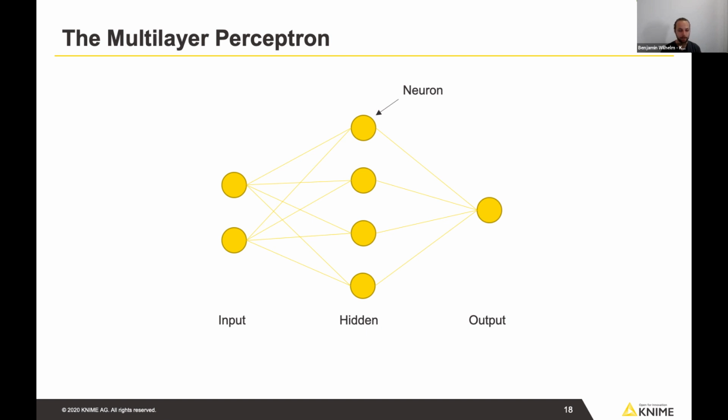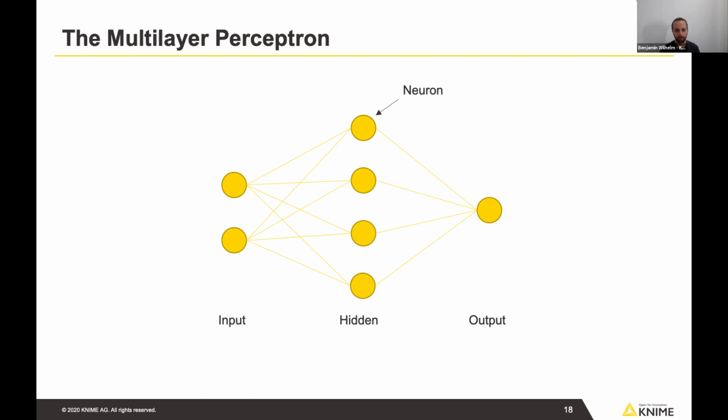At the input layer, the data point is present that you want to predict on. If you have a higher dimensional data point, you will have more neurons in this input layer, of course. Then the input layer is connected to the first hidden layer, and the first hidden layer uses these neurons to compute some features on the input data. Note that you can also have more hidden neurons in here.